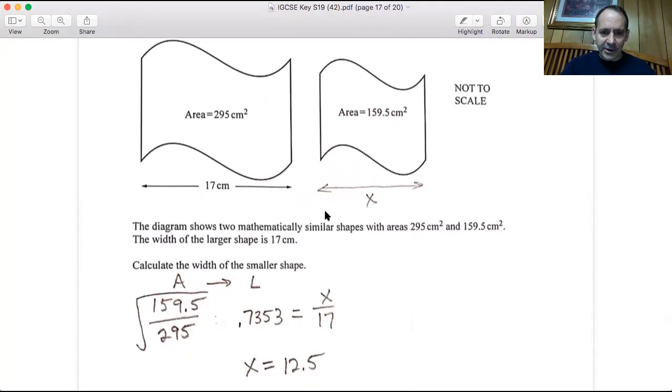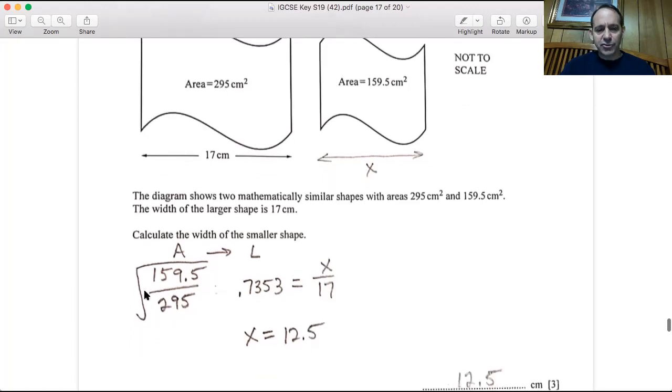So we start with the values that are given, and remember that it's an area, and we want to go from area to length. So area is two-dimensional, it's quadratic, meaning it's square, and we want a linear value, which is one-dimensional. So we want to square root our ratio to get from quadratic, or from area, down to linear.